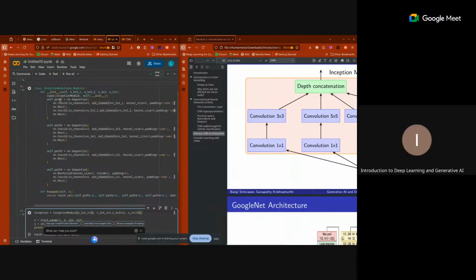The elemental items are Conv2D and MaxPool. These are the elemental things, so I constructed those from these elemental layers. Convolution 2D is an elemental layer which performs the convolution operation. Similarly, you have fully connected layers, which are like a linear layer, and then you have activation functions.